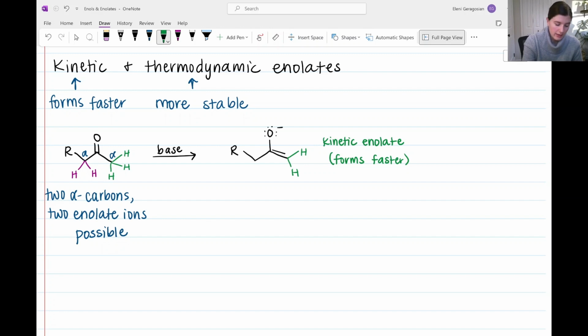Now let's look at what the enolate ion would look like if we remove the hydrogen from the other, more substituted alpha carbon, so the left of the molecule. If we removed an alpha hydrogen from the alpha carbon on the left, then now we only have 1 hydrogen there. We have a carbon-to-carbon double bond, negative oxygen, and our CH3 group. So we still have these 3 hydrogens here.